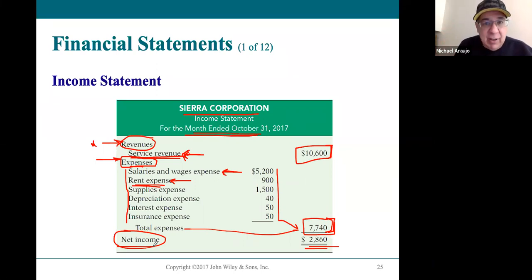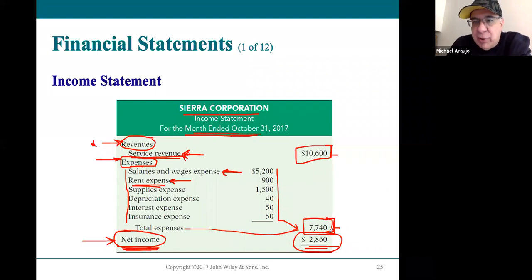Earnings, profit, net income, all mean the exact same thing. So just know that there are some interchangeable words that you need to become familiar with in order to understand the statement. The net income is the profit. It means that the revenue for the period was bigger than the expenses, and the remaining revenue is the profit of the company.